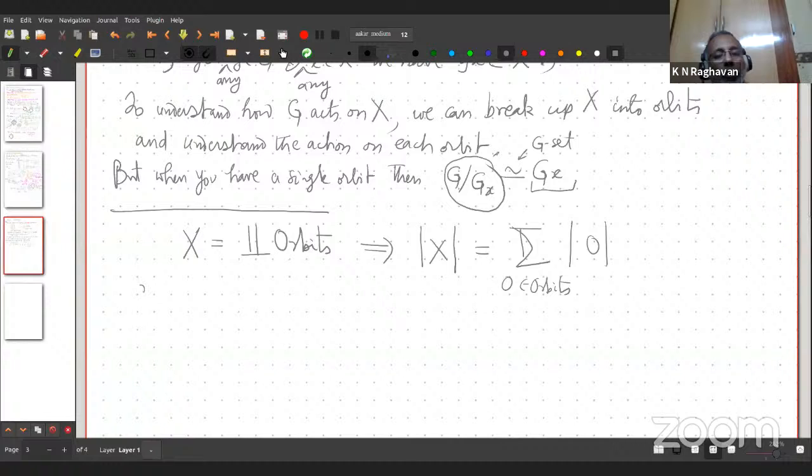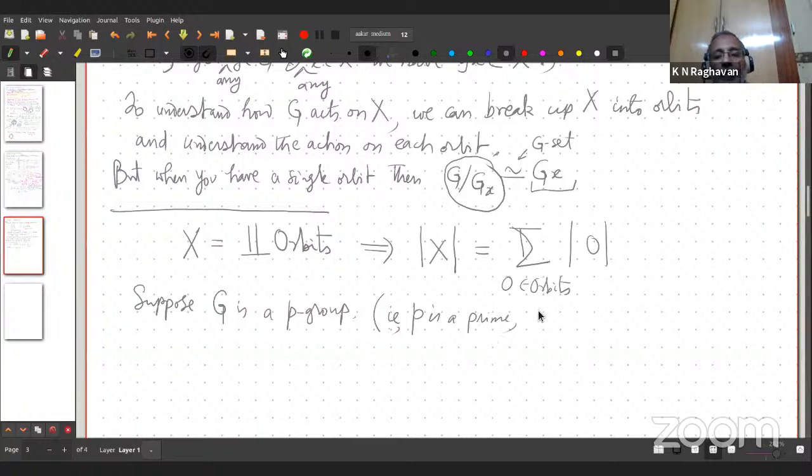Suppose G is a p-group, which means, the notation means p is a prime, G is finite, and the order of G is a power of p.